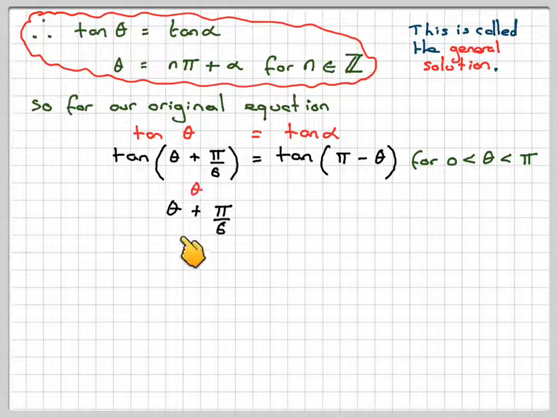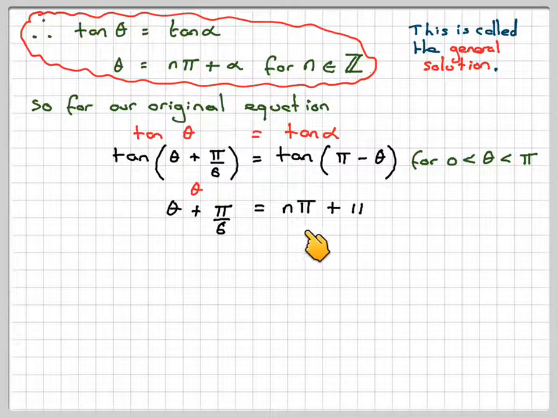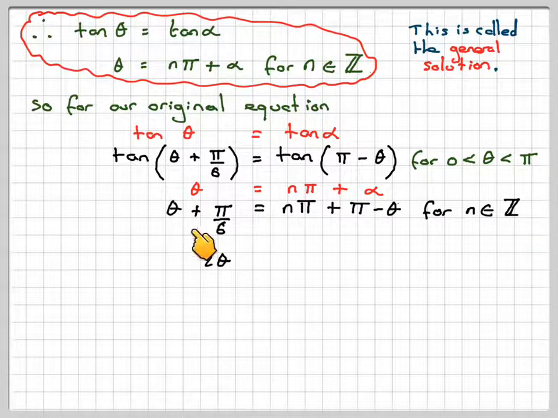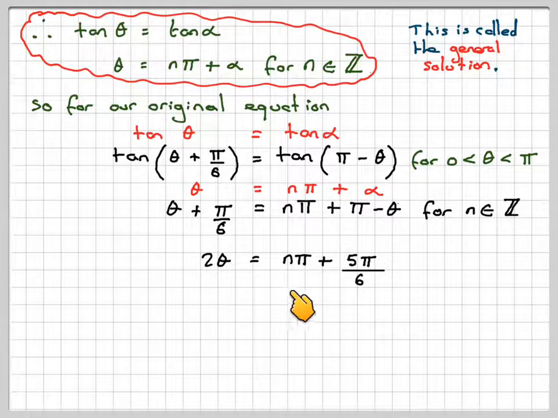So using this here, theta + pi/6 will be equal to n pi plus my alpha, which is pi - theta. Rearranging that a little bit, n has to be an integer, of course. If we add theta to both sides, and then take away pi/6, we're going to end up with 2 theta = n pi + 5 pi/6.